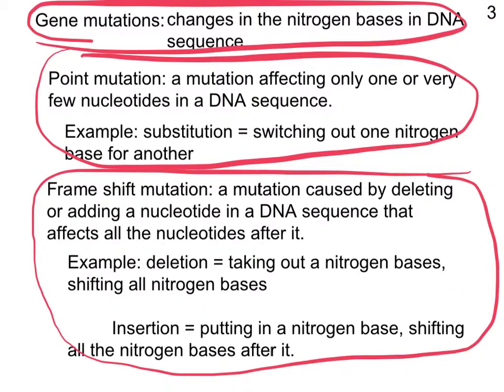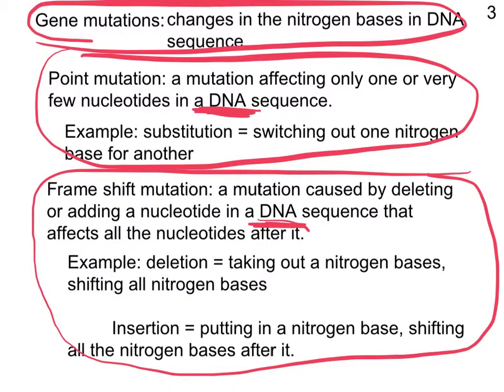Notice that these mutations occur in the DNA sequence. It occurs in the DNA sequence when you're transcribing over to your mutation. So the next 3 pages that you have left, you're going to be showing me these mutations.